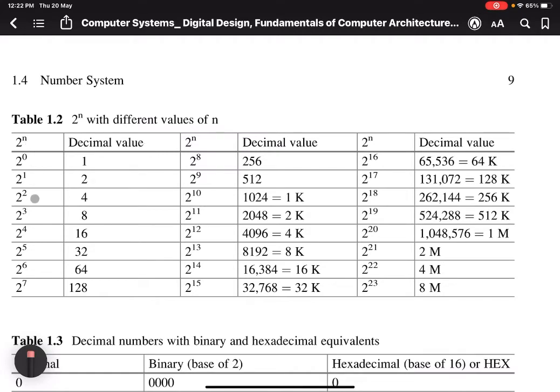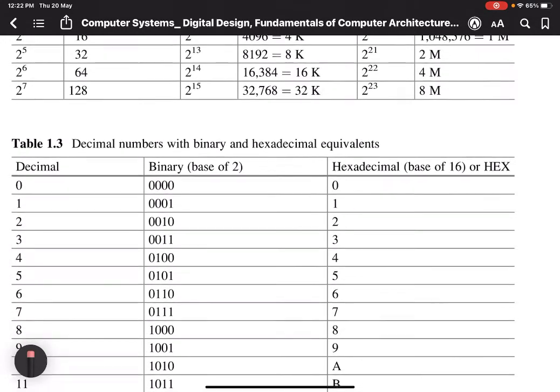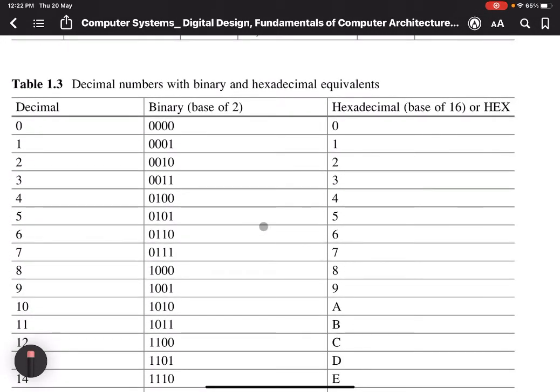From 7, this is 8, 15, this is 16. So for the 8 million decimal value, we have 2 to the 23 power. Okay? So we also have a table to convert decimal to binary or binary to decimal, and we can also use this table to convert binary to hexa and hexa to binary.